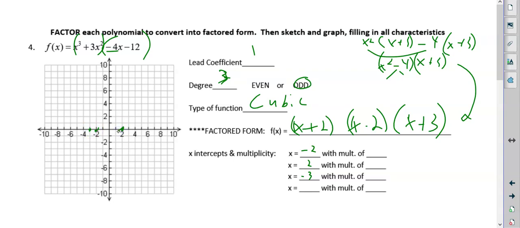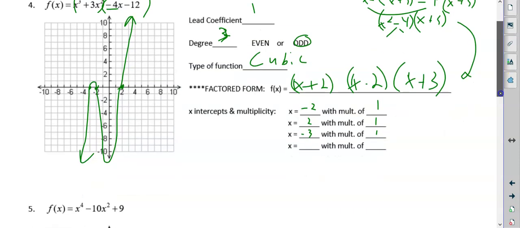So those two are going to be really close together. When we look at the graph, it's going to come up, barely come up a little bit, come back down. It's below the 10 and comes back up. Which means since it went through all of them, there's no doubles, there's no bouncing, all the multiplicity of 1.